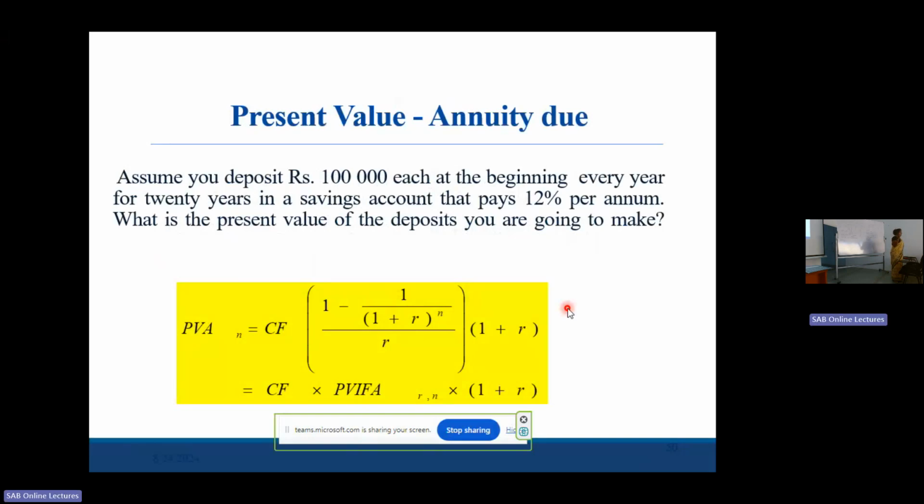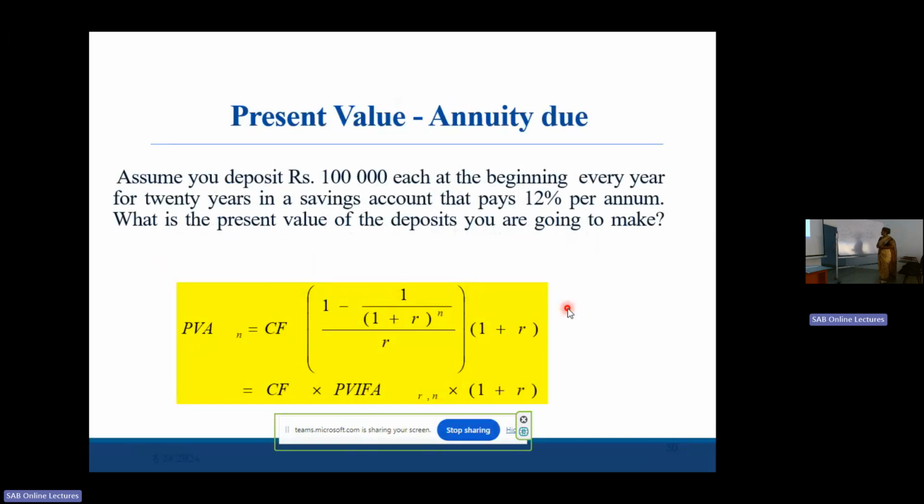I explained why we multiply. Here we multiply the ordinary annuity factor, which has been discounted extra. The factor that was discounted more has become smaller, so to increase it, it should be multiplied by 1+r. So what you have to remember is, if it is a due annuity, when you are calculating future value or present value, you can take the normal ordinary annuity factor, even from the table, and multiply it by 1+r. That's all. You have to do that, that's all. Okay?